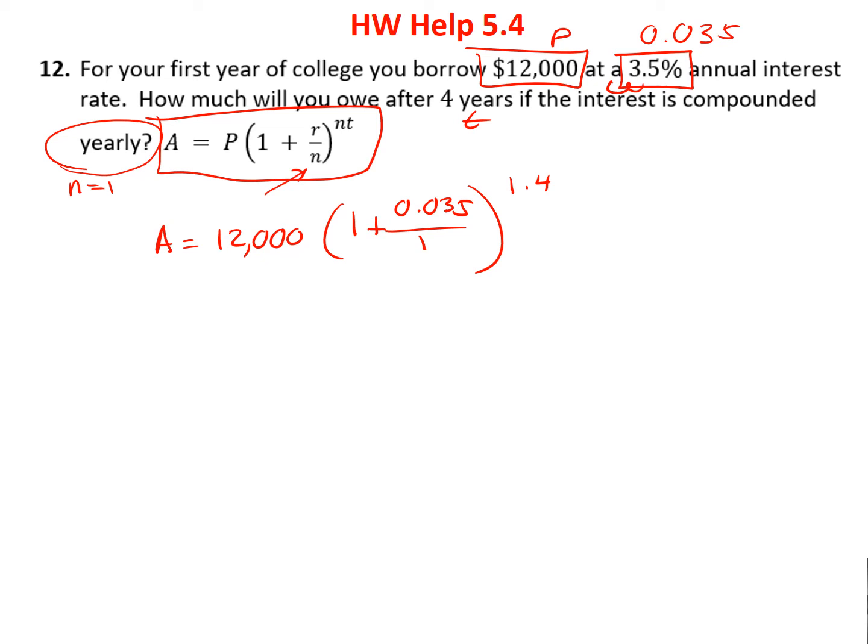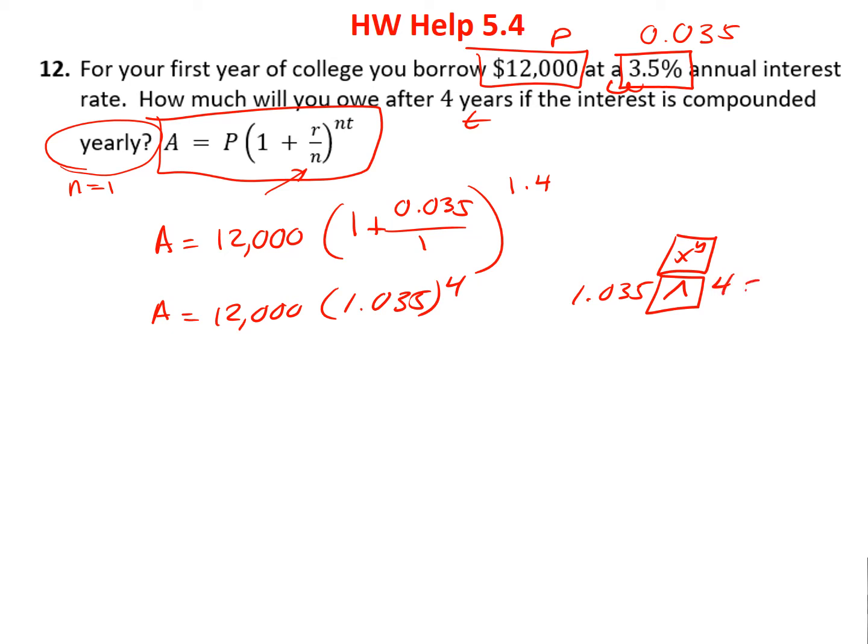And that's how that would work. So in other words, simplify things. This is 12,000 times 1.035 to the 4. Okay? So let's do our calculator again. Remember, we start with the exponent, 1.035, and then the caret or x to the y button, whichever, 4, equals.